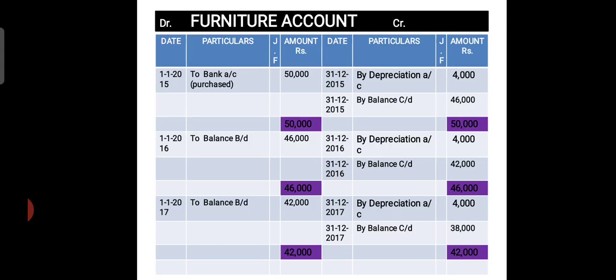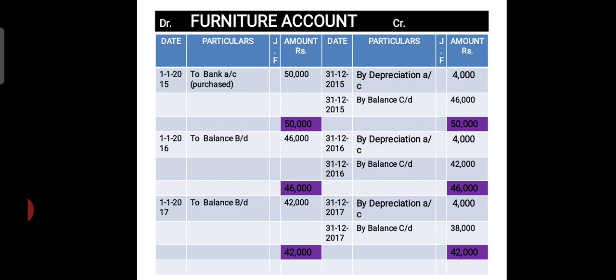See how we prepare the asset account. First we need to prepare the asset account, means the ledger account pro forma, debit side and credit side. On the debit side, there are 4 columns. The first column is meant for date, the second column for particulars, the third column for JF number, and the fourth column for amount, that is in rupees.